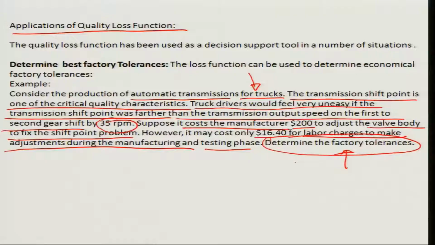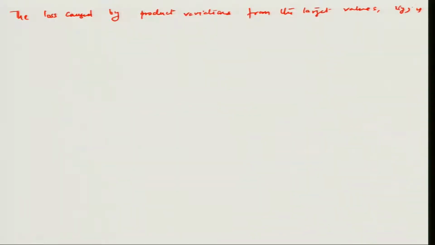So, let us say in this particular case the loss caused by the product variations from the target value, let us say L(y), is given by the function k times (y minus t) squared. Obviously, it is the nominal the better case.